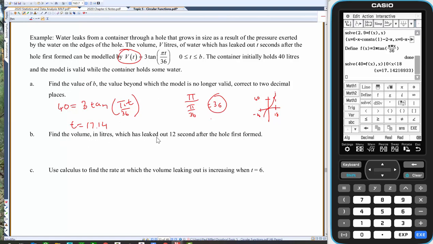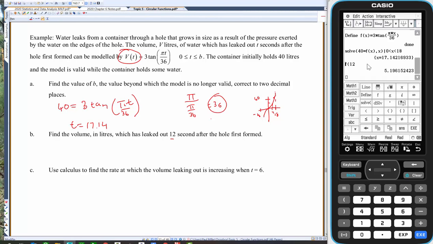Find the volume in litres which has leaked out 12 seconds after the hole first formed. So what's happened here is we're going to jam in 12, and that value there will be the amount of water. So we're just going to go f of 12, and we get that.